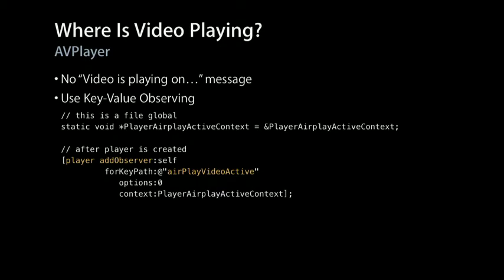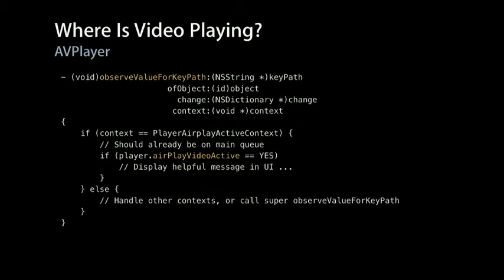If you're using MP Movie Player Controller to display your video, then you don't need to do anything. The framework does it for you. But if you're using AV Player, the framework can't do it for you, so you have to do it yourself. You do this by key value observing the AirPlay Video Active property on the AV Player object.